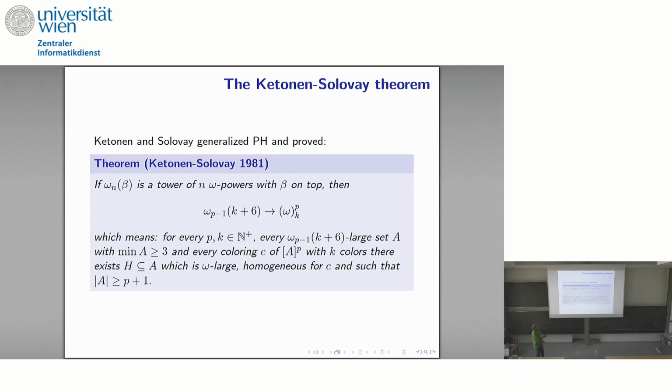But what is essential is that here you need this large set. Because you want a large homogeneous set, and so you need a large set in some appropriate sense as the set where you put the coloring. I hope I made myself understood. Andreas maybe can.